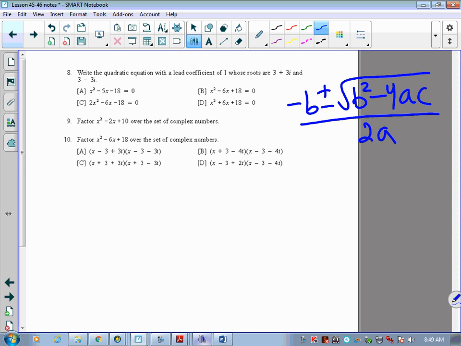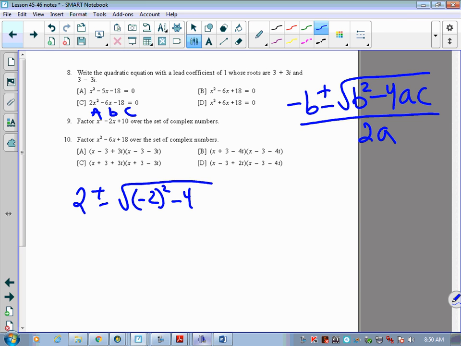Okay, now what do I have here in x squared minus 2x plus 10? Well, negative 2 is B, 10 is C, 1 is A. Good. All right, so what does this negative B mean? Opposite sign, right? So I'm going to put 2 plus or minus the square root of negative 2 squared, making sure to put that negative 2 in parentheses, because whenever I square a negative number, if I don't put a set of parentheses, it's going to leave it as a negative.